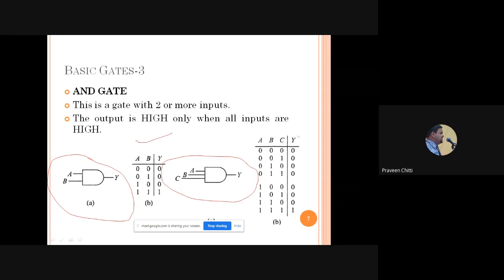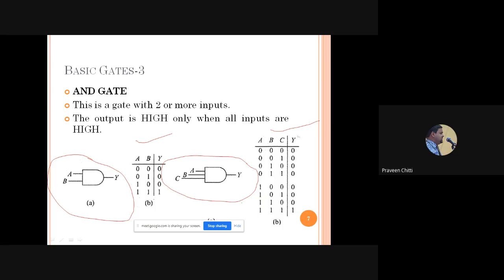This is the truth table for the 2 input gate. This is the truth table for the 3 input AND gate. You can see in the truth table, when we have 2 inputs, how many input combinations will we get? Because every input can take 2 values, 2 inputs will give 4 combinations. What are those 4 combinations? 0 0, 0 1, 1 0, 1 1.